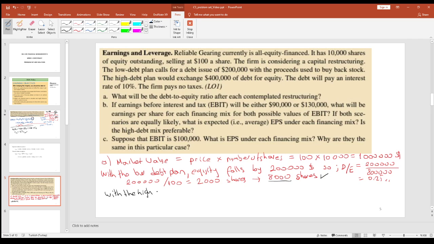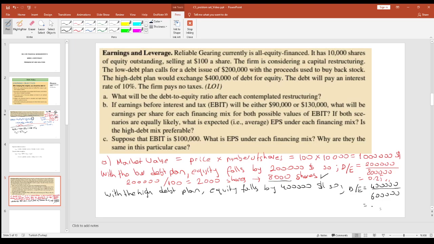So with the other plan, with the high debt plan, equity falls by $400,000. So debt to equity will be equal to $400,000 divided by $600,000.